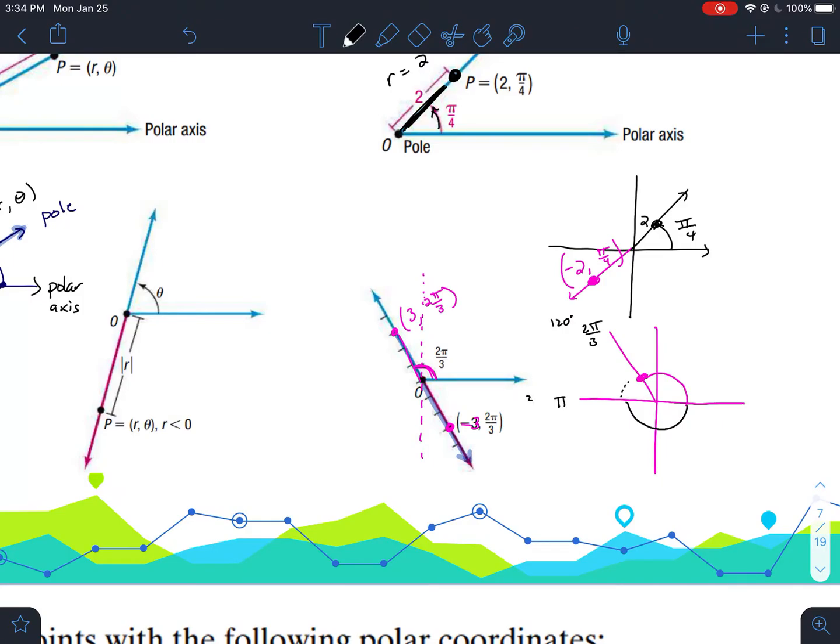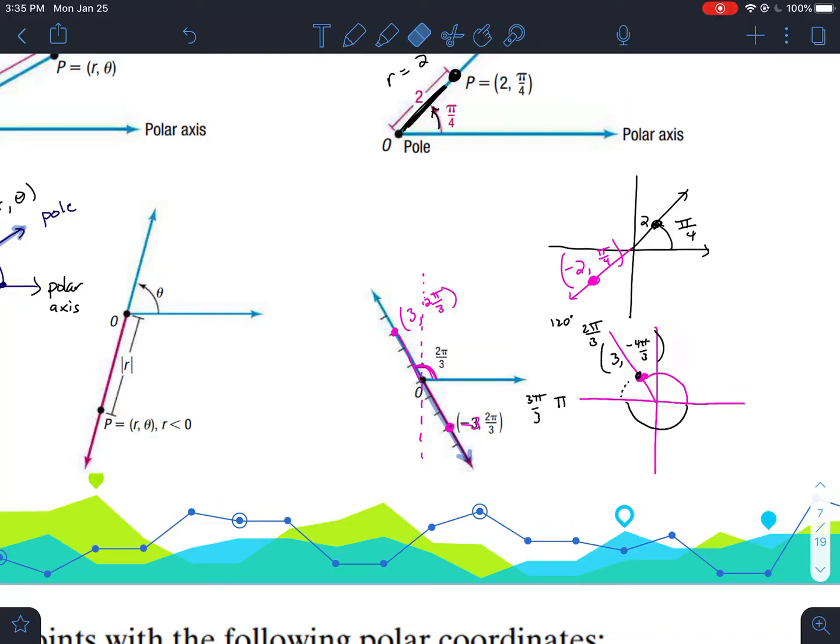So if I rotated negative 4 pi over 3, I would end up in the same location as 2 pi over 3, and my radius would still be 3. So the point 3, 2 pi over 3 is the same thing as 3, negative 4 pi over 3. That's one way of getting there.